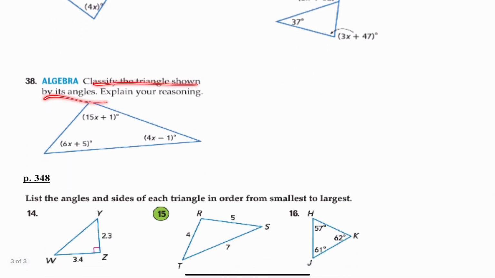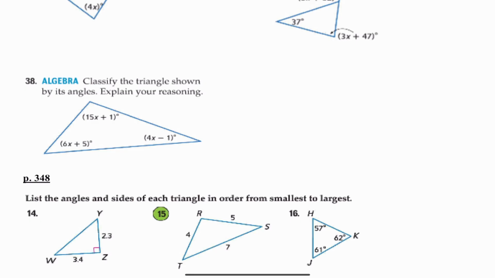Classify the triangle shown by its angles. So you need to tell me whether this triangle is acute, obtuse, right, and is that all? Let me check with the 4-3 notes real fast, or 4-4 notes. Nope, that's not it.